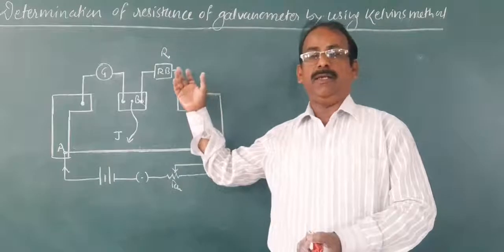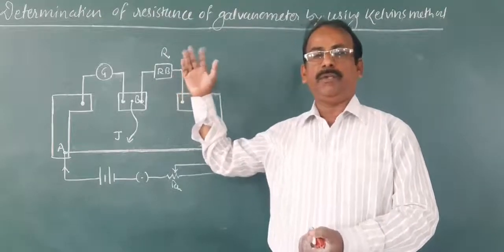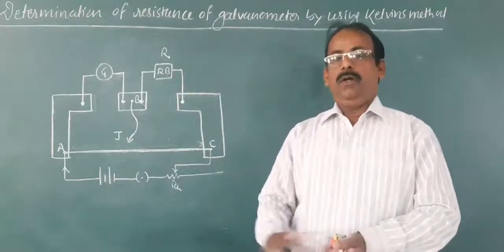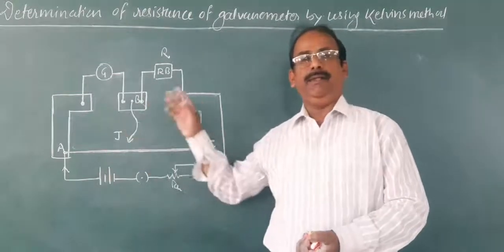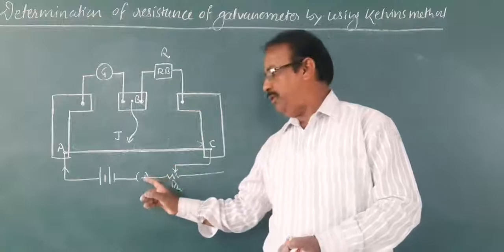Known resistance, capital R, is connected here in this right gap. And after that, proper current is sent in this meter bridge by closing this key.